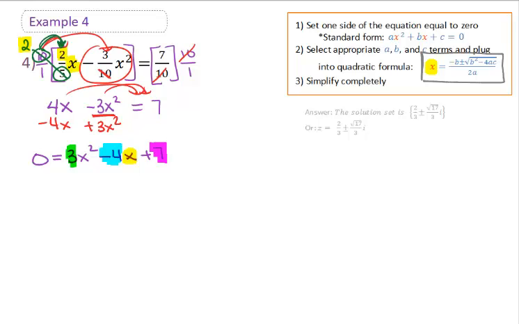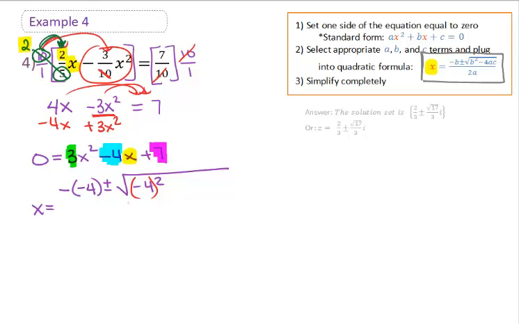So I have x equals negative, my b value is a negative 4, plus or minus square root, my b is a negative 4 squared. Now I want you to notice that I always have put this in parentheses, and I recommend that you do the same.